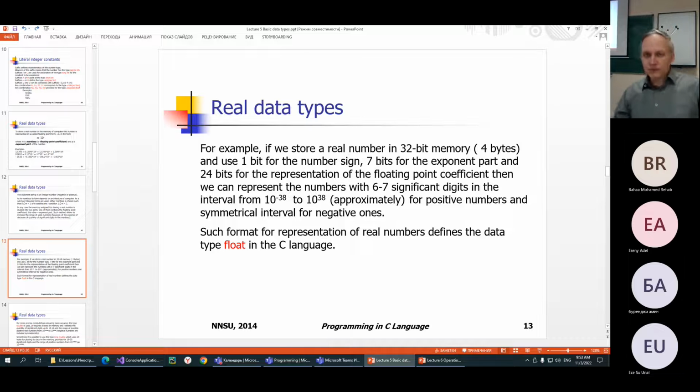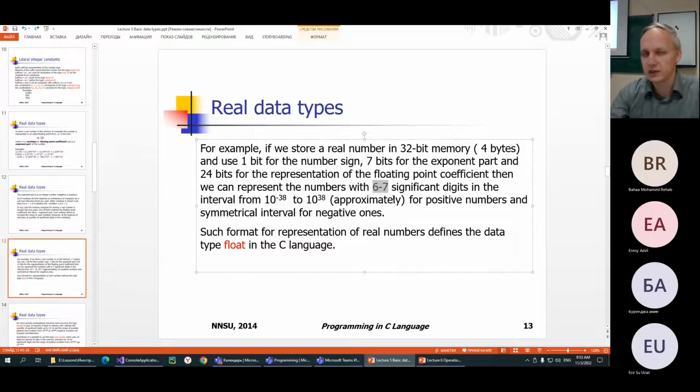Well, when we use 4 bytes for storing real numbers, the number of decimal digits in the mantissa is approximately 6 or 7, because there is no strict correspondence between binary numbers and decimal numbers.